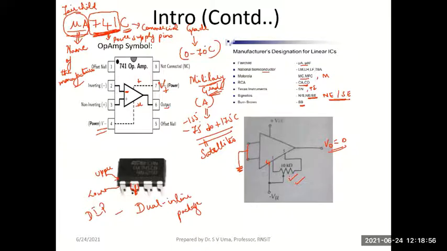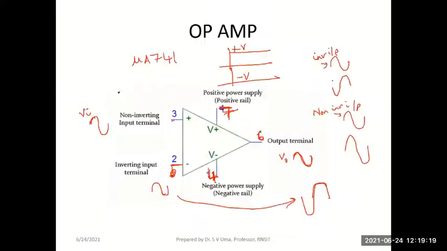You can have dual inline package and many other various packages. The normally used one is the dual inline package. As you see, in normal ICs, the pins are sandwiched between two layers of silicon or plastic. The complete IC is in between two layers. And it's an 8-pin IC. The most important among the 8 pins are pins 2, 3, 7, 4 and 6.